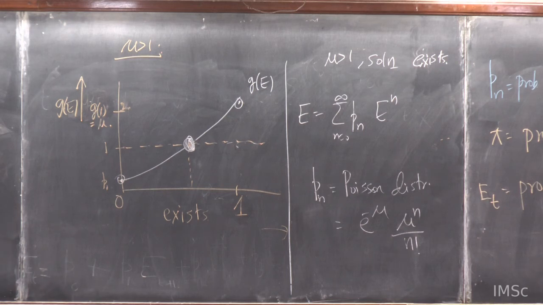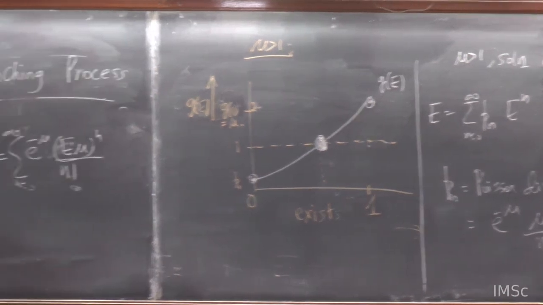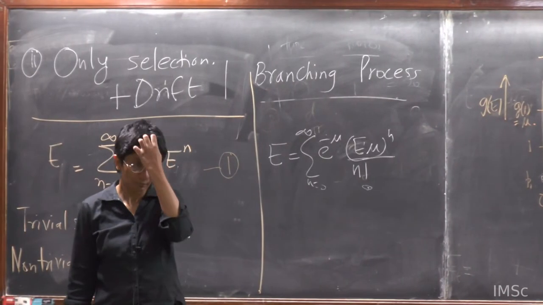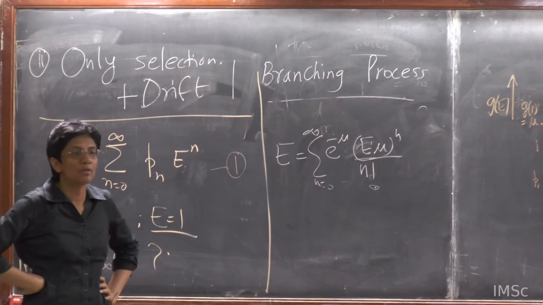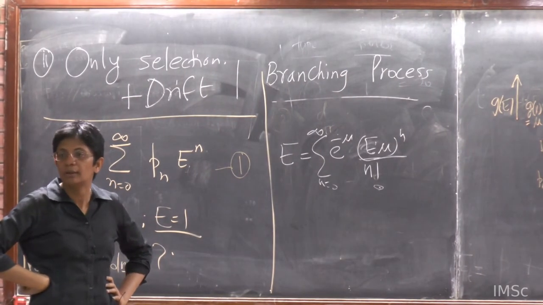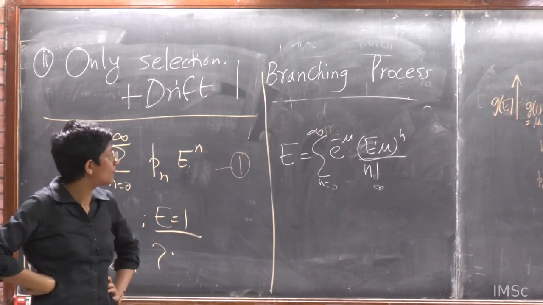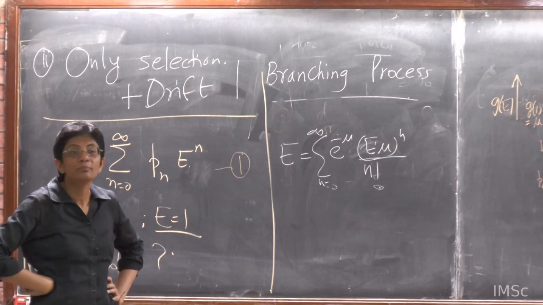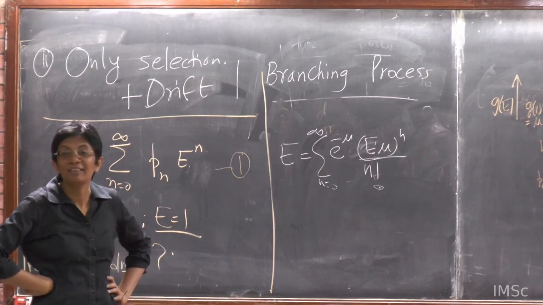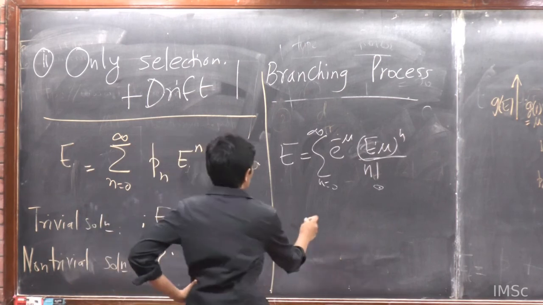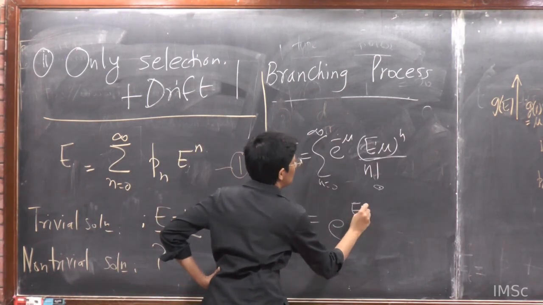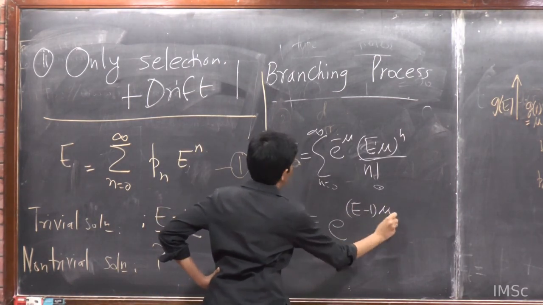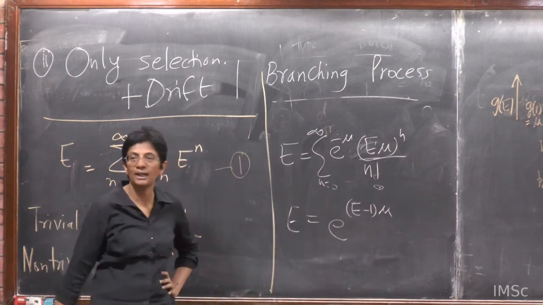Ooh, there's a big sum to do. Can we do it? We have to solve this, 0, 1, 2, 3, so many terms. What is that sum? Can we do it? E to the power e mu.